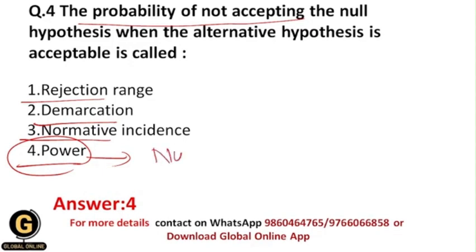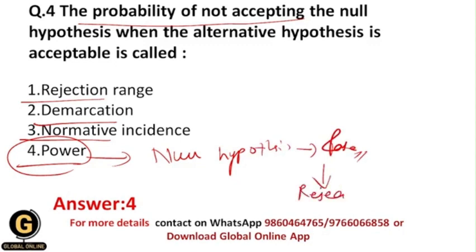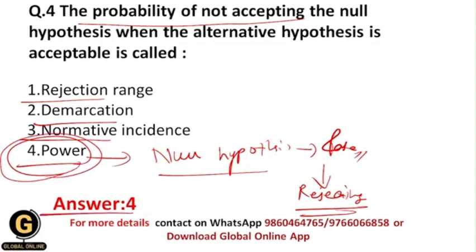So whenever this null hypothesis is actually false in reality, and that's why we are rejecting it, the probability of rejecting this false null hypothesis is basically called power. That's why your correct answer should be 4.